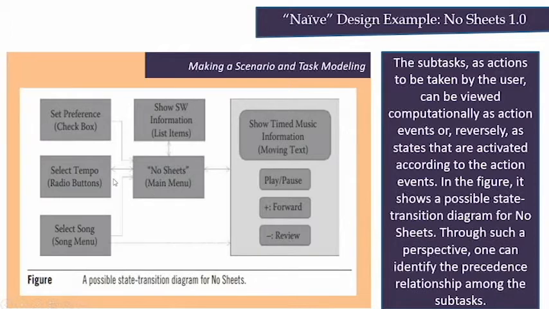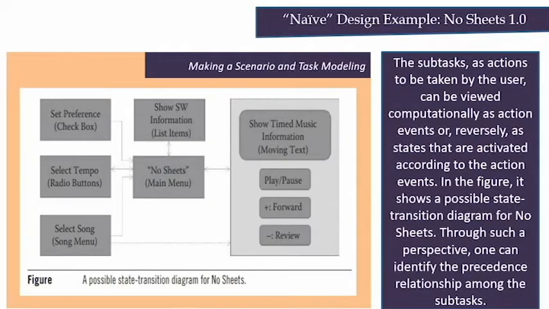And then the user is also able to play, view, and see the time display of the musical information, but only after a song has been chosen. You can only use it when you have already chosen a song, and then those are its functions, its subtasks.